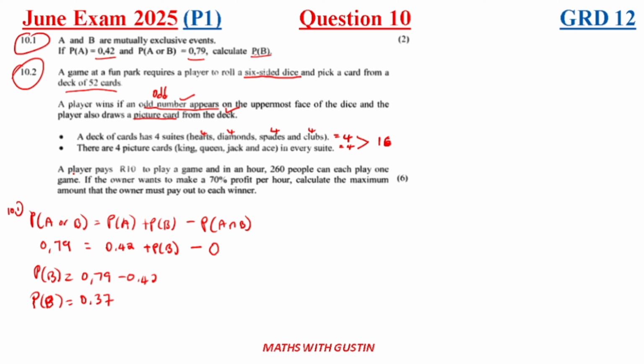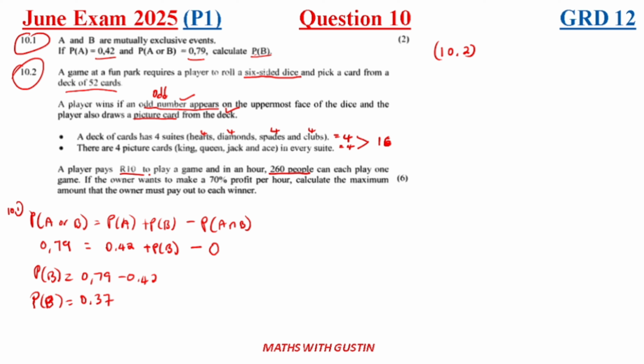All right. So let's continue here. What are they saying again? So this is 10.2. They are saying here a player pays 10 rand to play the game, and in an hour 250 people can each play 1 game. So all right, okay, this is the total number of people.